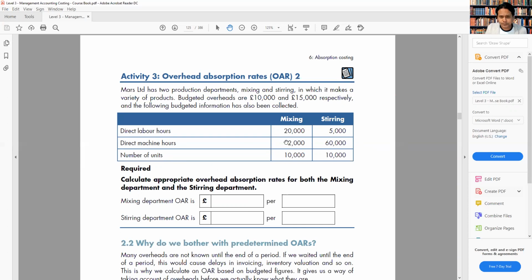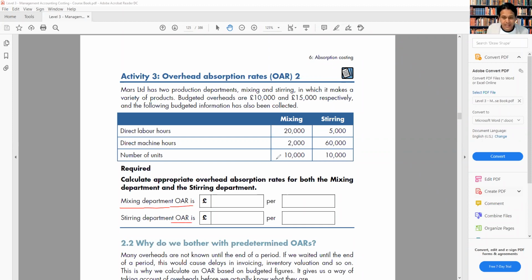Mixing and string: direct labor hours 20,000 for mixing and 5 for string; direct machine hours 2 for mixing and 60,000 for string; number of units 10,000 for mixing and 10,000 for string. So can we calculate the mixing department overhead absorption rate and the string department overhead absorption rate?